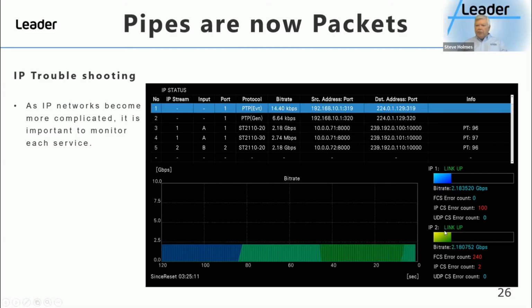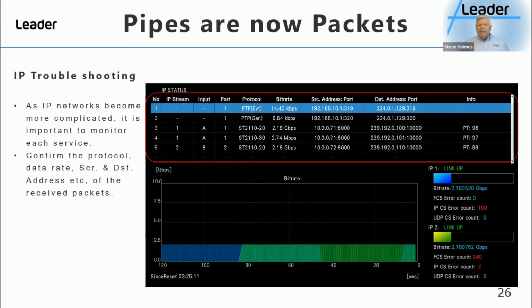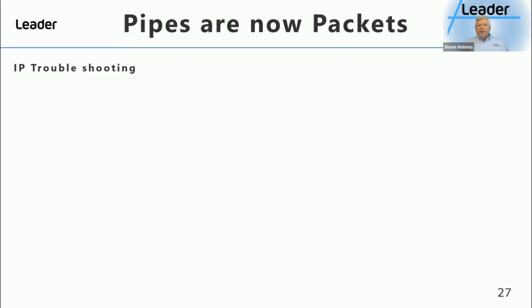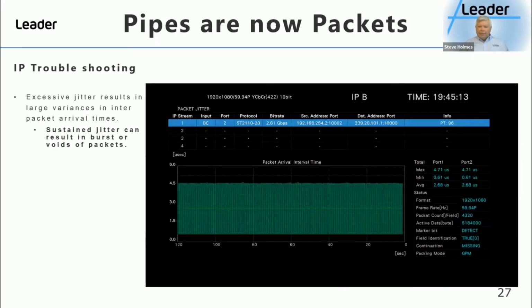We can see the bandwidth on both of the two links and get an overall picture of what is coming into the scope for us and be able to monitor these packets. But we need to be able to take this much deeper.